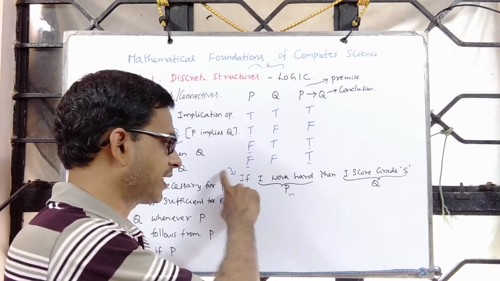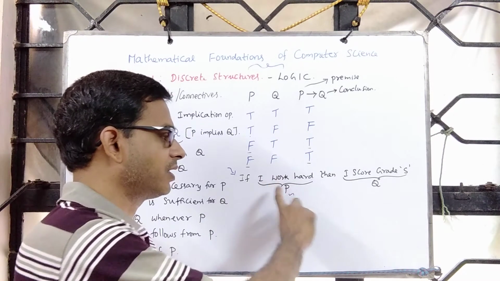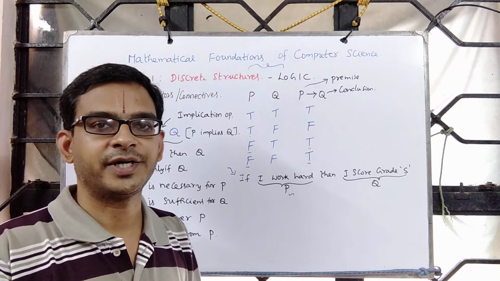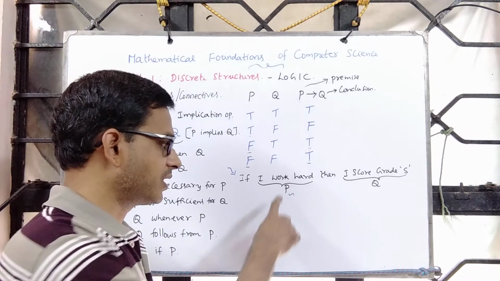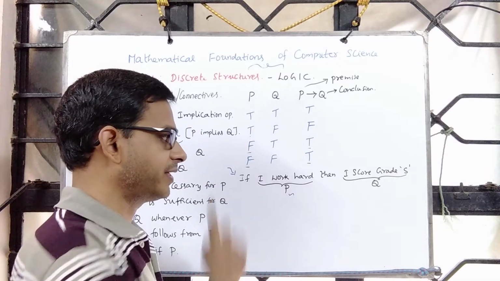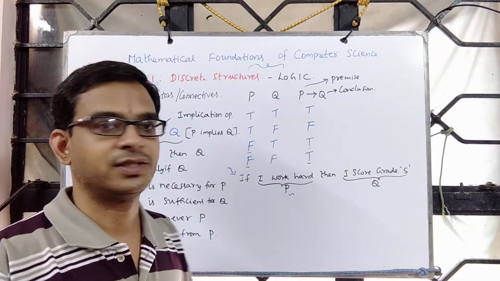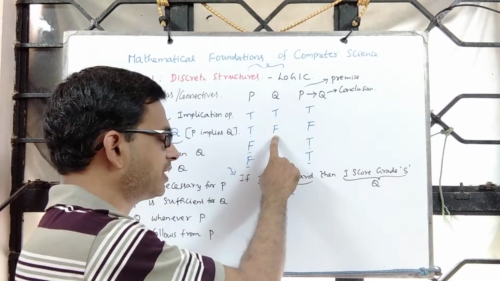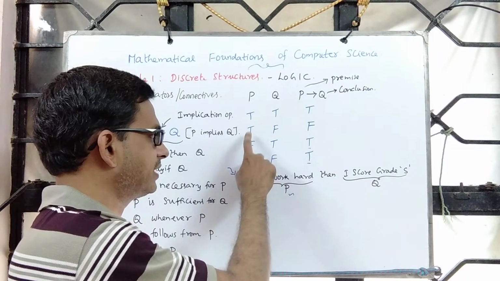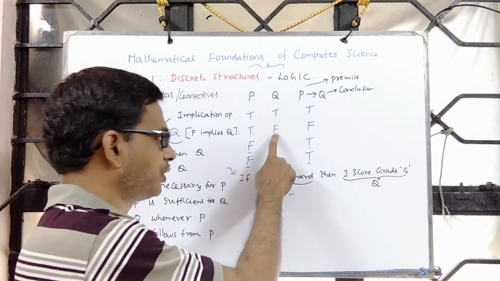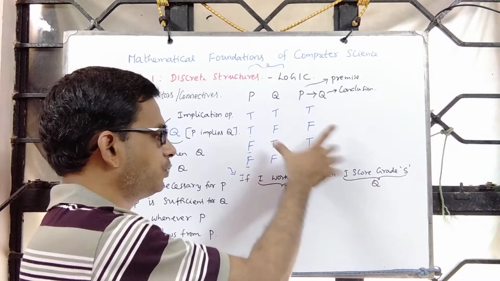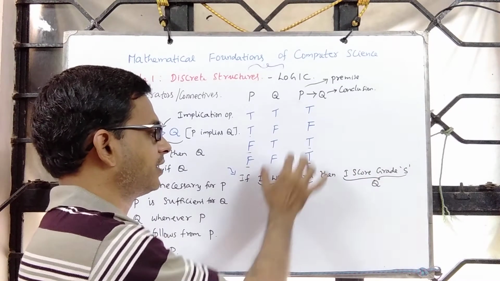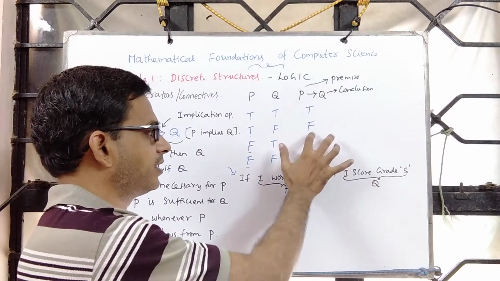Which means the claim or the proposition made by the professor is not respected, which means the truth value associated with the proposition is false. Which is why when premise is true and conclusion is false, which means this has happened and this is not happening, then the truth value of the expression combining the action and the result is false.